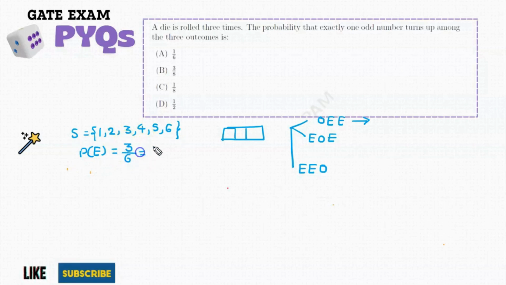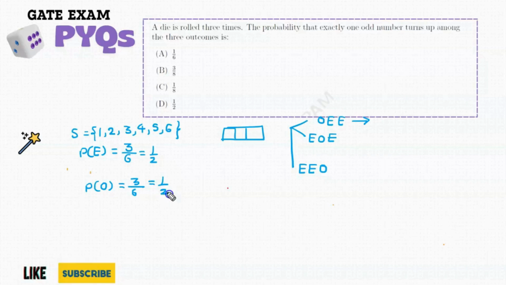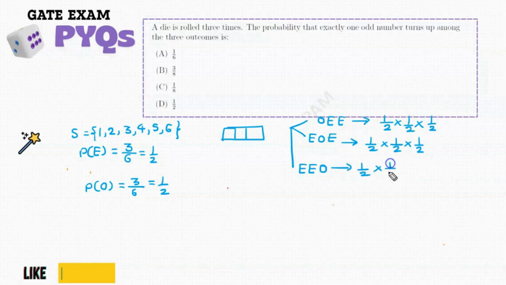That gives 1 over 2, and the probability that it is odd is again 3 by 6, which is 1 over 2. So the first is odd, its probability will be 1 by 2, even is again 1 by 2, again 1 by 2. Here also we get 1 by 2 times 1 by 2 times 1 by 2. Similarly here also 1 by 2, 1 by 2 and 1 by 2.